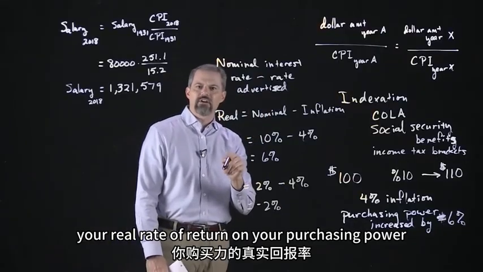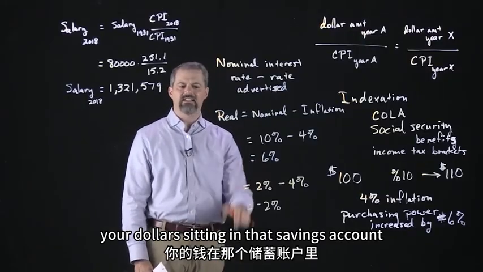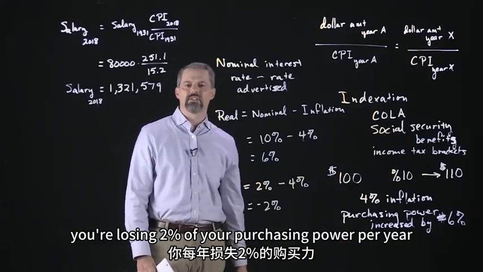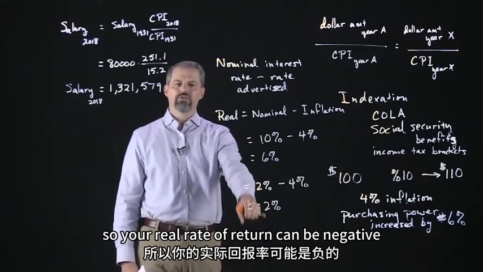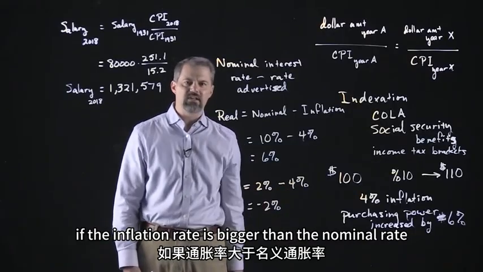Your real rate of return on your purchasing power, your dollars sitting in that savings account, is going to be negative 2%. You're losing 2% of your purchasing power per year. So your real rate of return can be negative if the inflation rate is bigger than the nominal rate you're earning.